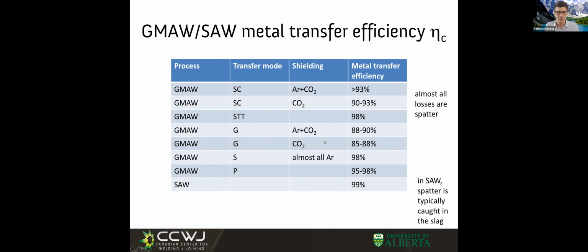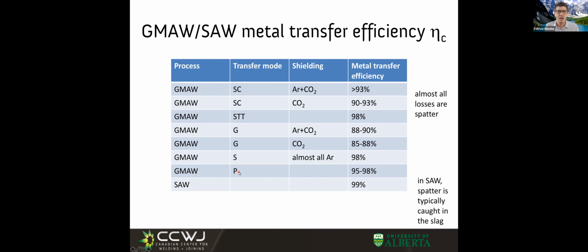Okay, let's talk about globular transfer. Globular transfer, lots of spatter, right? And here we have a lower value of metal transfer efficiency. These numbers here are the numbers that you use to calculate how much wire you need to buy and to do a cost analysis. The beauty of this is that we understand where these numbers come from now. How about spray? Spray, 98%, of course, right? Like we are having this kind of beam of molten metal coming into the weld pool.